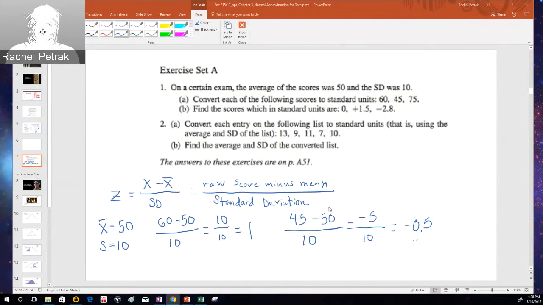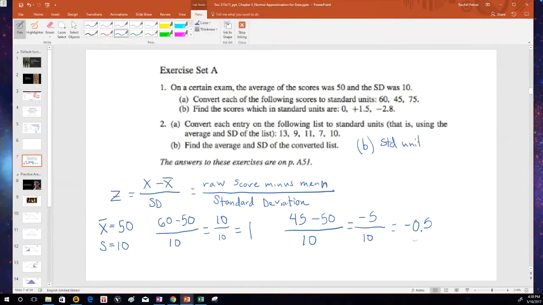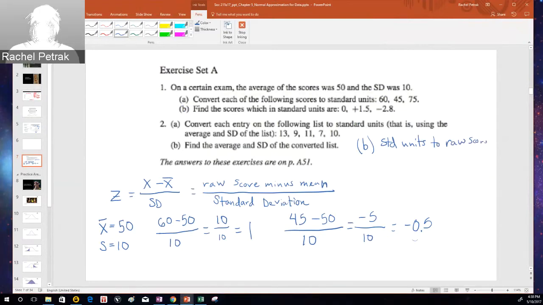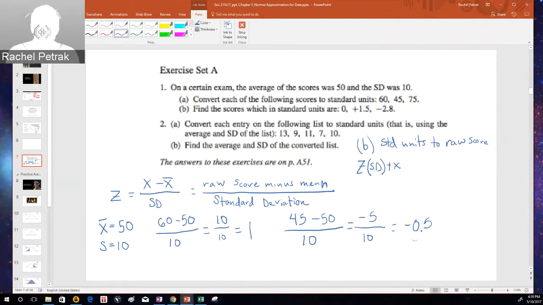So I've corrected our formula here: x minus x bar over the standard deviation. And so when we go back to convert from standard units to raw scores, we just do the inverse of this formula: z times the standard deviation plus the mean equals x, or the raw score.